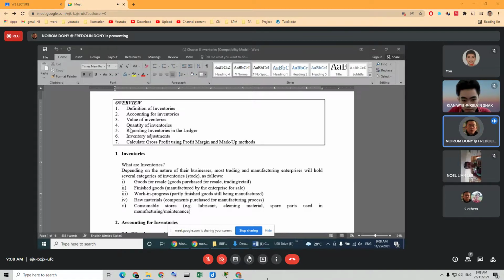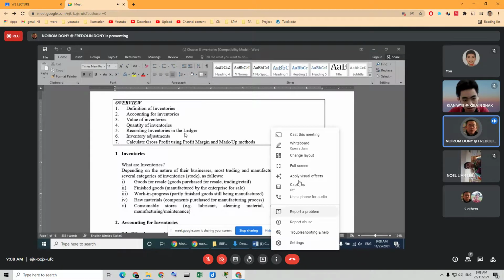And then how do we determine the quantity of inventory? Then later we have to understand how to do the recording of inventory in the ledger, meaning using the ledger T account.